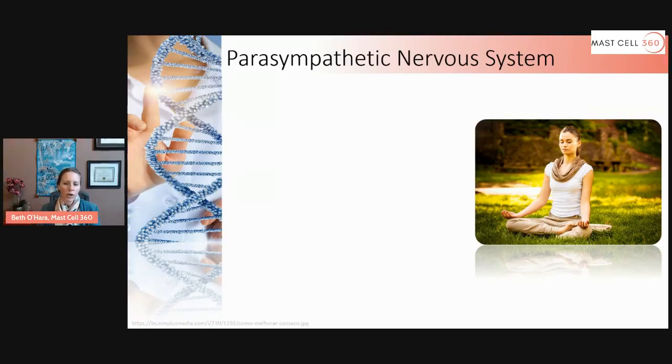But when we watch animals in their natural state, and even traditional humans who are still living outside of these go, go, go cultures, but who live in nature, they spend much of their time, if they're not in a war zone or something like that, they spend much of their time in the parasympathetic state.